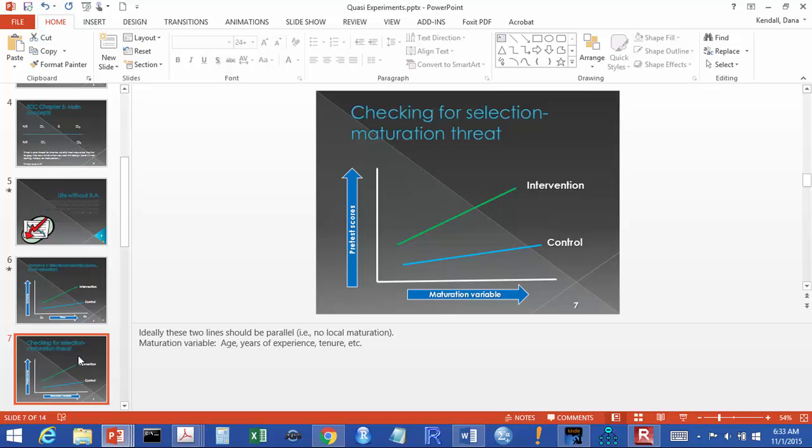then what we have is a selection by maturation threat or local maturation. And it's difficult to tease apart that factor from the intervention's effect. So what I would do if this happened to me as a consultant, I would explain this to the client and try to ask them for a randomized study, if at all possible, to see if we could tease this apart.